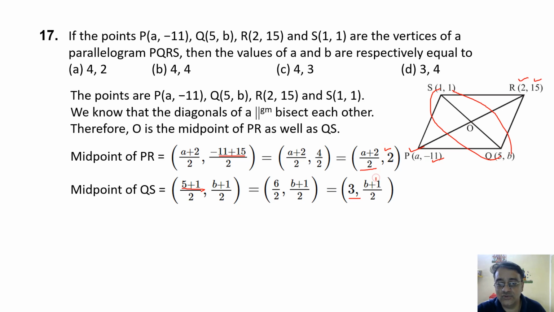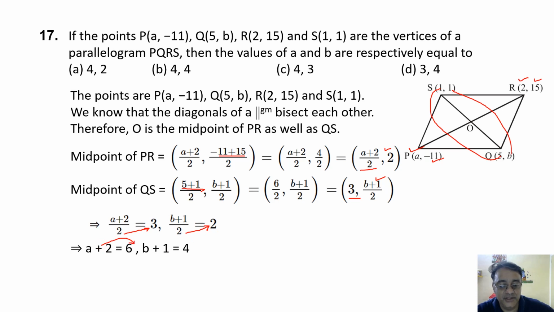So (a plus 2) by 2 is equal to 3 and (b plus 1) by 2 is equal to 2. So a plus 2 becomes 6 and b plus 1 becomes 4. Now shift plus 2 to this side, 6 minus 2, and plus 1 to this side, 4 minus 1.